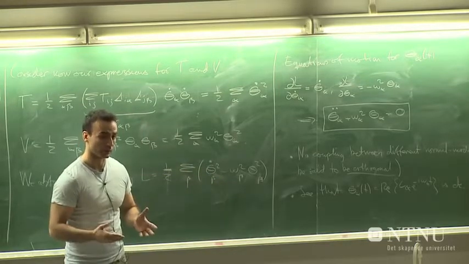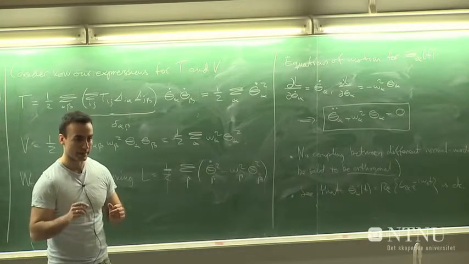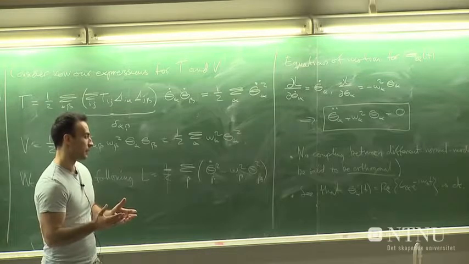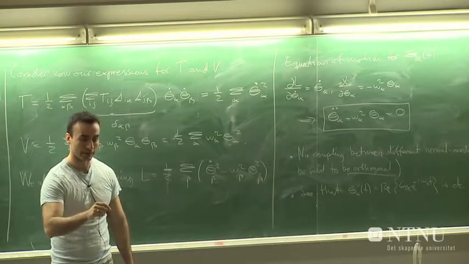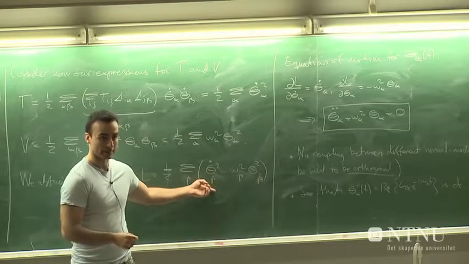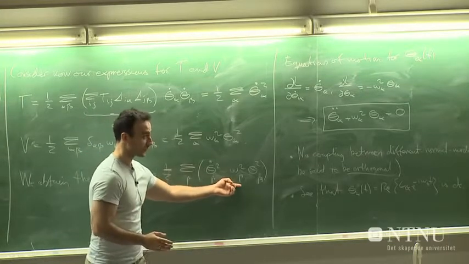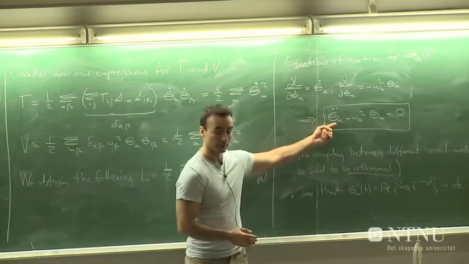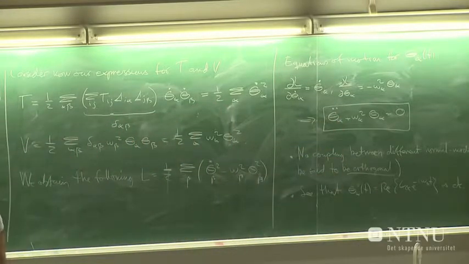But if we're able to do so, if we're able to spot some symmetry, for instance, in the system, which makes it plausible how we should choose a new set of normalized coordinates theta to get this form, then the solution becomes very simple. We know the eigenfrequencies right away, and we have a very simple solution for the thetas. But we'll have a look at an example of this.